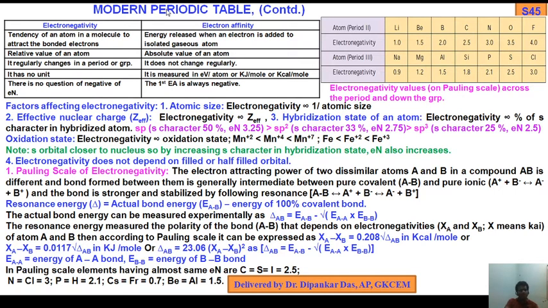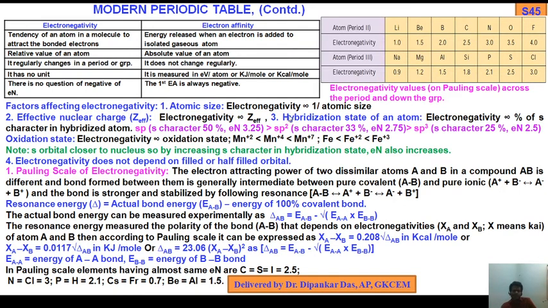The actual bond energy can be measured experimentally. How? Delta_AB equals E_AB, the energy of the AB bond, minus the square root of E_AA, the energy of the AA bond, times E_BB, the energy of the BB bond.